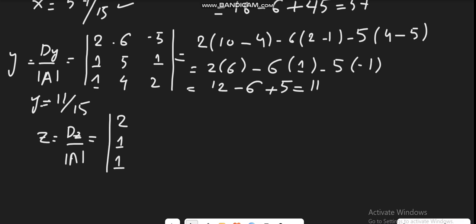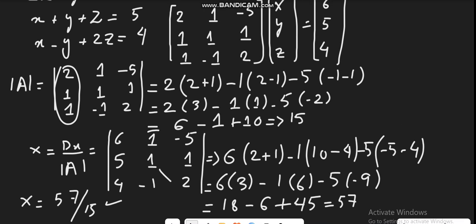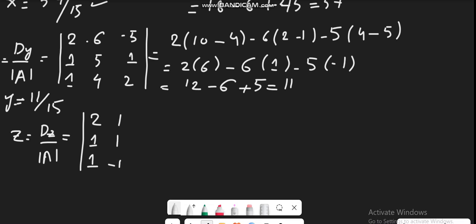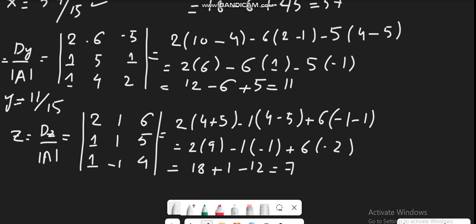Then we'll keep the second row of the matrix as it is, which is 1 1 minus 1. And in place of the third column, we will put the value of b, which is 6 5 and 4 in this case. The next step is to expand it using the definition of the determinant. Hence you will see that dz is equal to 7 and z will be equal to 7 divided by 15.